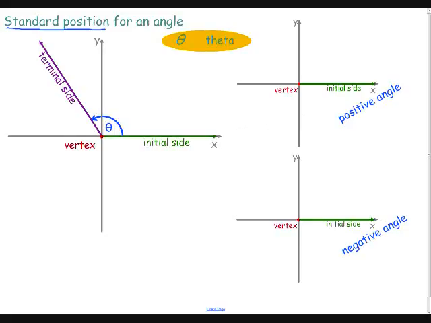If I want to show a positive angle, I'm going to rotate, oh, wait a second here. Unlock. Sorry about this. I'm going to try ungrouping here too.